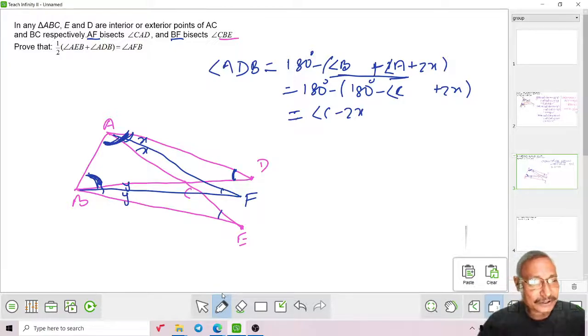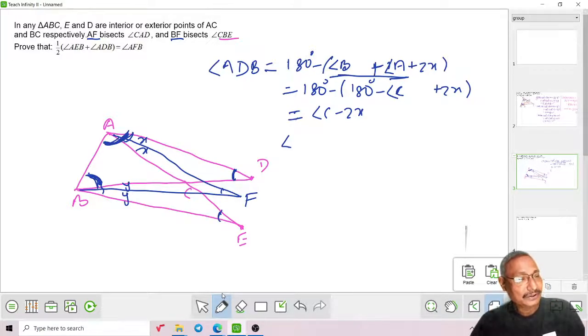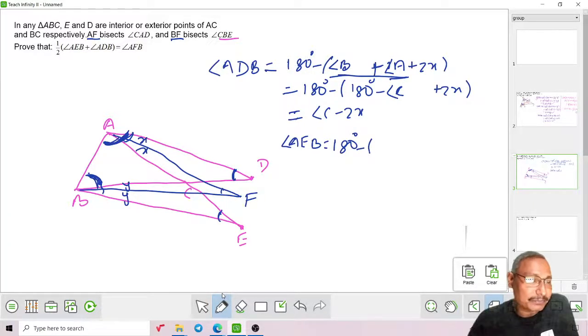Similarly, we can find this angle, AEB. To find angle AEB, again we will use this triangle AEB. In this triangle we can write 180 degrees minus the sum of these two angles.